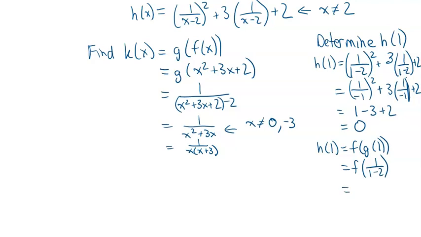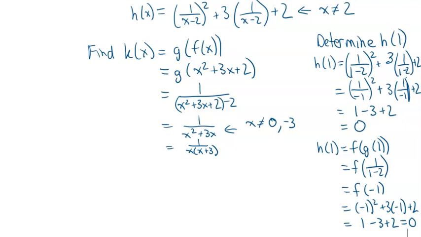And so then we could say 1 over 1 minus 2 is negative 1. And then we're substituting negative 1 into f of x. Then we get negative 1 squared plus 3 times negative 1 plus 2. Well, that gives me 1 minus 3 plus 2. And lo and behold, it's the same answer. It's also going to be 0. So you have both of those ways that you could solve it when you are given a number.